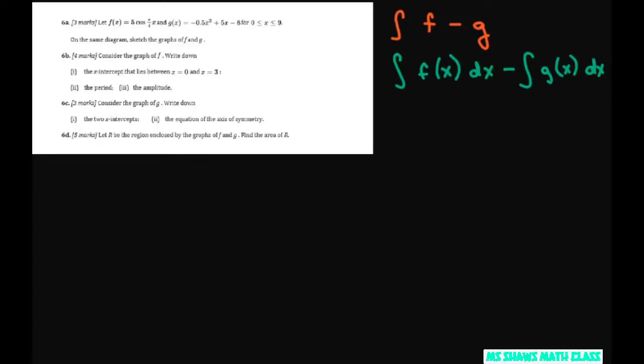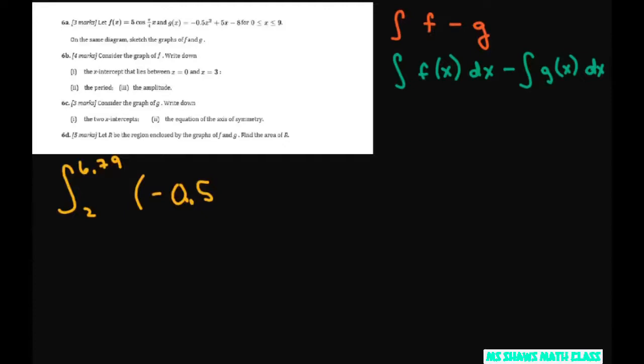So we're going to write down our equations, over the interval 2 to 6.79. Well, f of x is this. Anyway, I did it this way. It really doesn't matter which order because we're just finding the area.